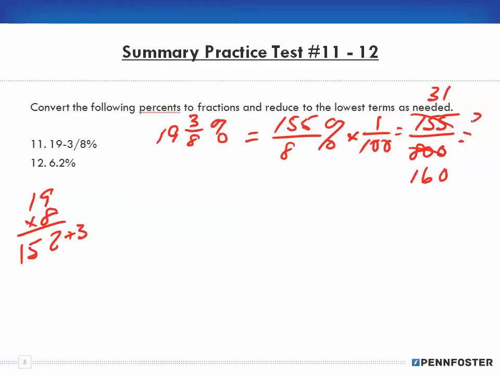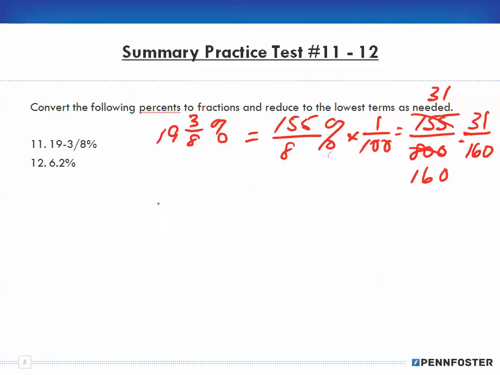So my answer is 31 over 160. Okay. Notice the sequence here. If we have a mixed fraction as a percent, we convert it into an improper fraction, and then multiply by 1 over 100 in order to get rid of the percent, and then we can reduce to the lowest terms.